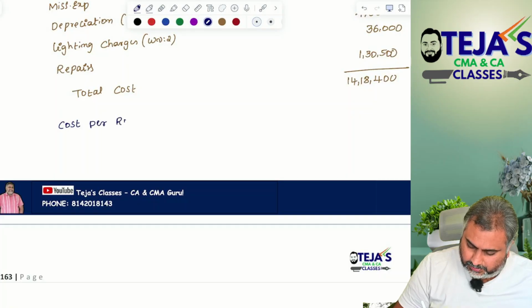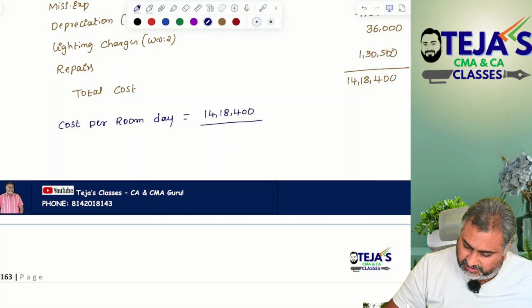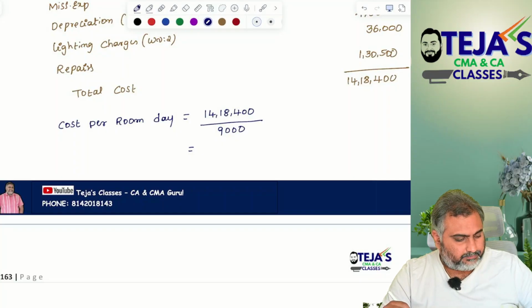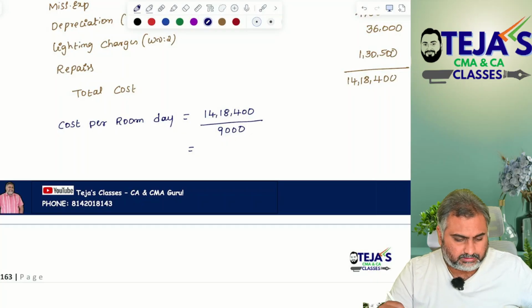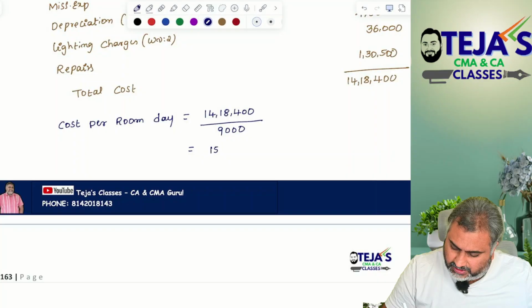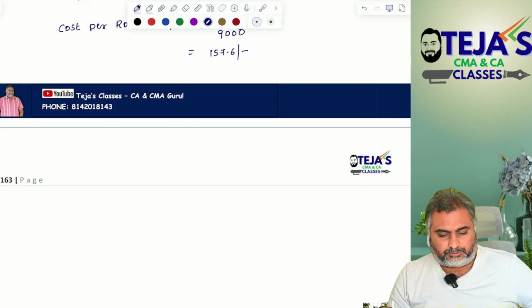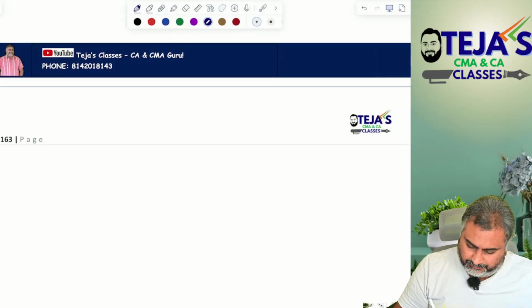Cost per room day equal to total cost 14,18,400 divided by total room days with occupancy point of view to charge rent, 9,000. So 14,18,400 divided by 9,000 is equal to 157.6 rupees cost per room day.